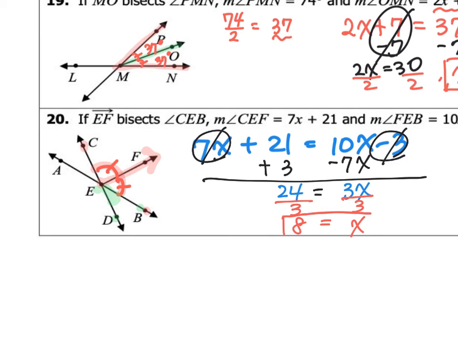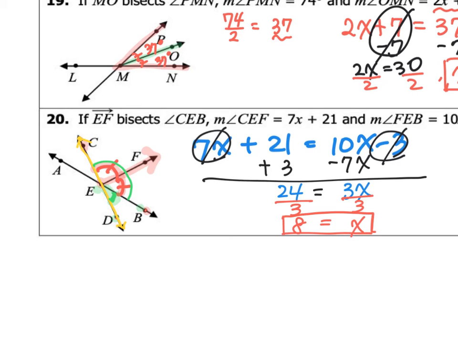So we found the x, and in order to find angle DEB, let's look at the relationship quick, what they look like. So I found one clue. This line right here. So DEB right here, the green part, is a linear pair with the other part here, right?